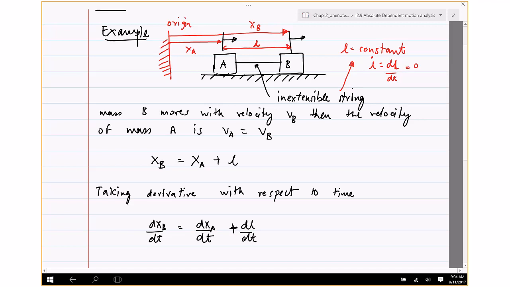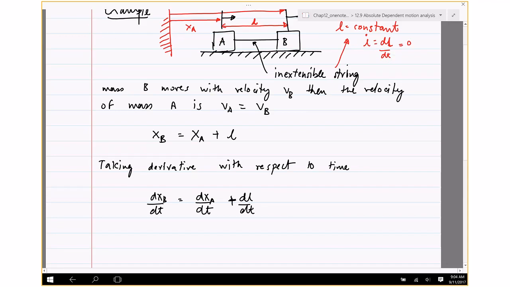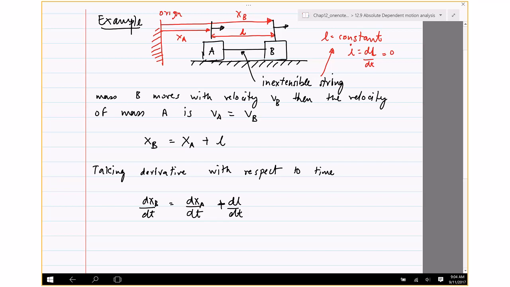But since L is a constant, dL/dt is 0, which means that dXB/dt, which is VB, is equal to VA.